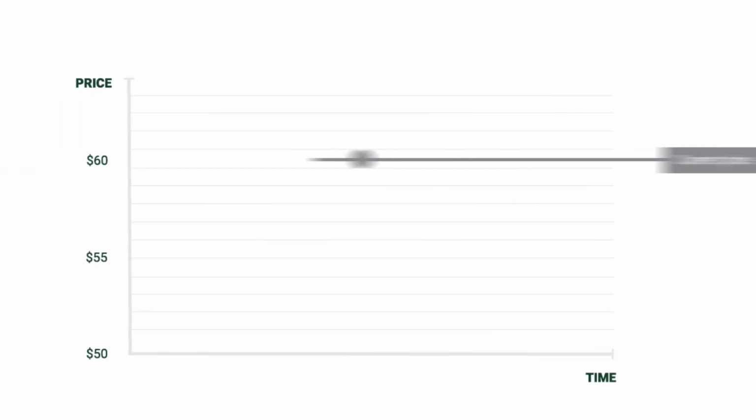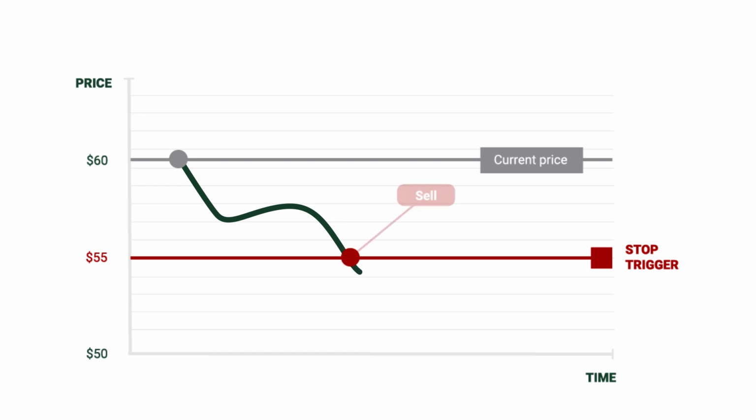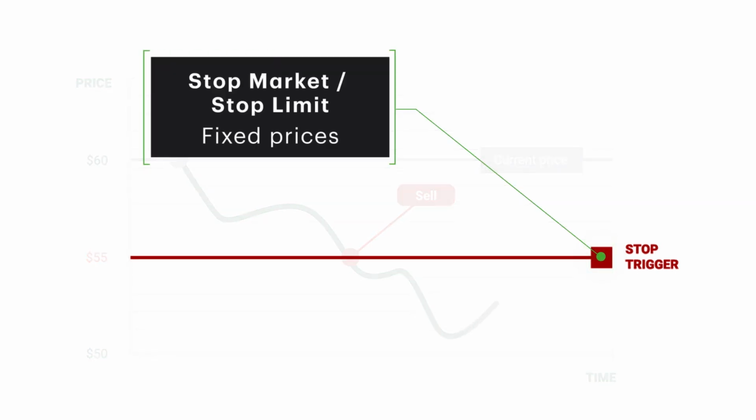Remember that with a stop market sell order, you enter a trigger price below the market price of the stock. If the stock drops to or below the trigger, your sell order is filled. The trigger price that you set with stop market and stop limit are fixed prices. No matter how high or low the stock goes, the trigger price will be the number you set it to, unless you later went back to change your order.